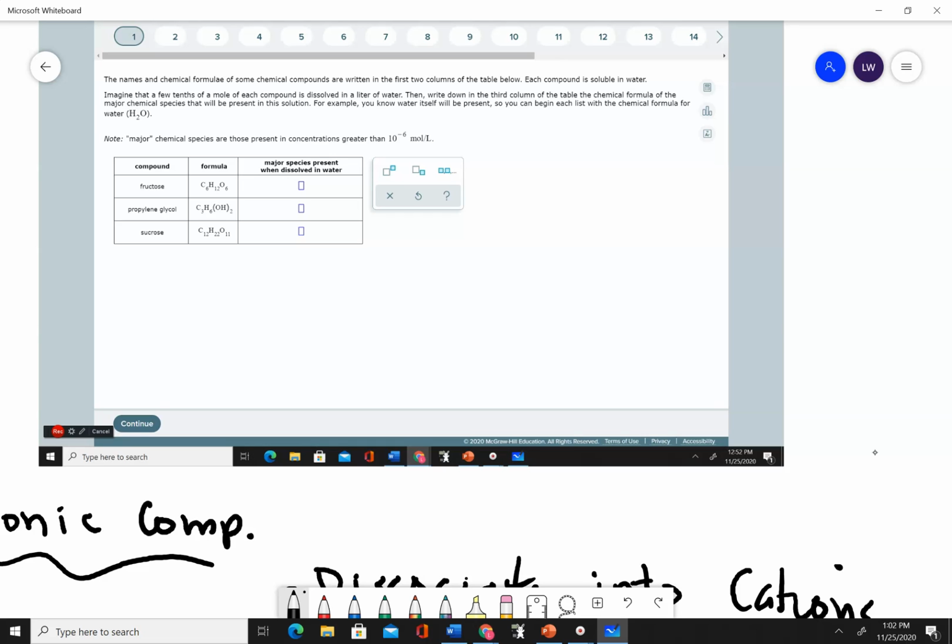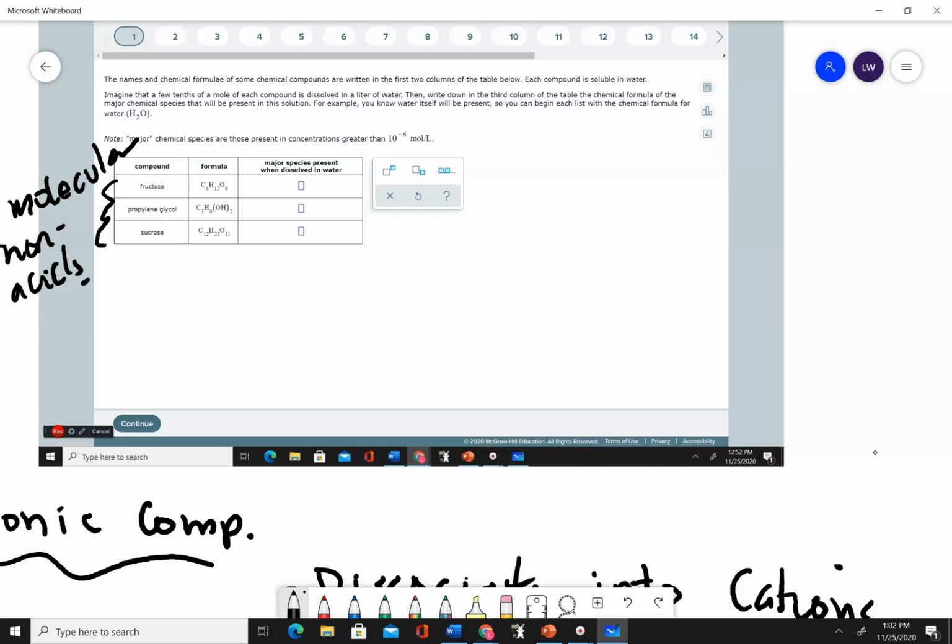So they're either non-acid molecular compounds or ionic compounds. But when I look at the formulas, I don't see any of these compounds beginning with a metal or with the polyatomic ion ammonium. So what I know is that all of these are molecular and they're all non-acids.